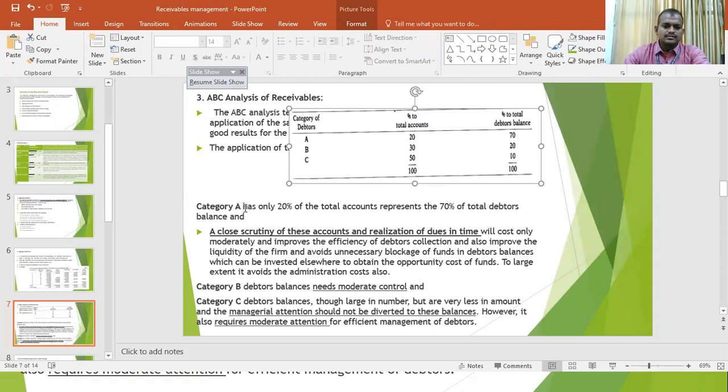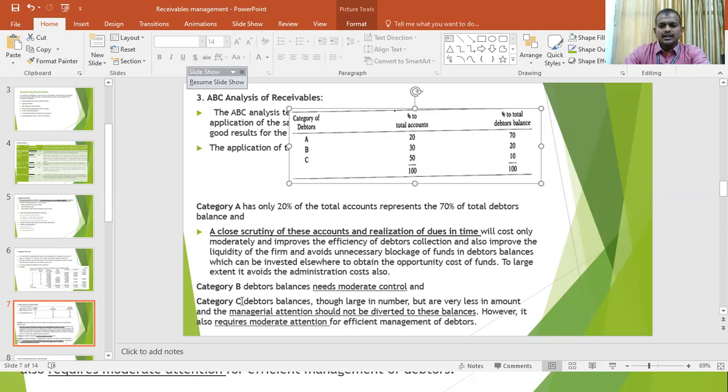Category A has only 20% of total accounts, representing 70% of total debtors balances. A close scrutiny of these accounts and a realization of dues in time is very much necessary, because they are holding 70% of the total balance. And coming to the category B, debtors balances need a moderate control, because even though they are 30% of total accounts, they are holding 20%.